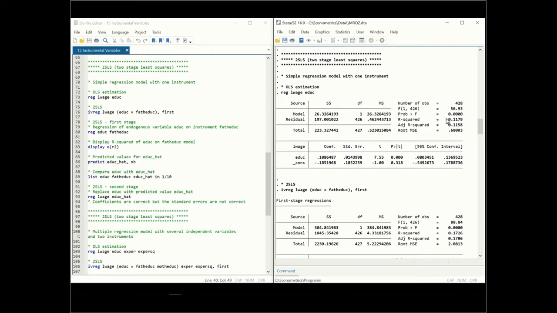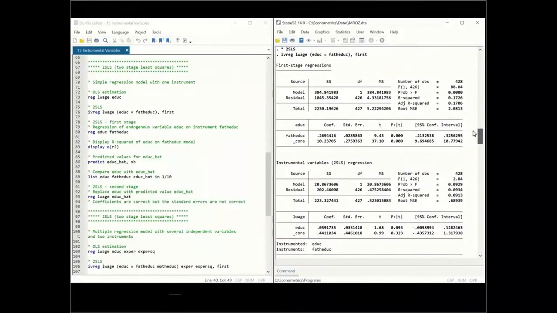Okay, so when we estimate the two-stage least squares and we include comma first, these are the first stage results that are shown, and these are the second stage results. So what we have at this first stage regression is we have education, which is the endogenous variable, regressed on father's education, which is the instrument. So notice that here we have a coefficient of 0.26, and this is basically a significant coefficient.